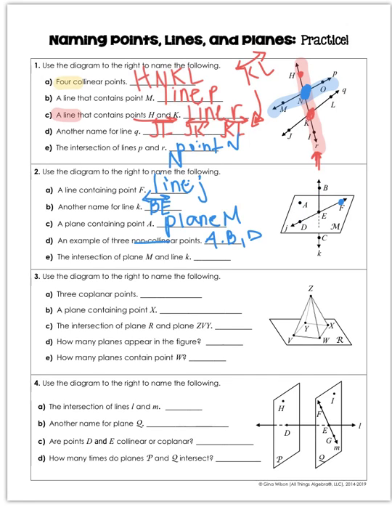Okay, and then lastly, it's asking for the intersection of plane M and line K. So I'm going to find line K. Here's K, so here's my line. And then plane M is this shape that you see. I'll highlight it. So this is plane M. So here's my line, and it's asking where it's intersecting.